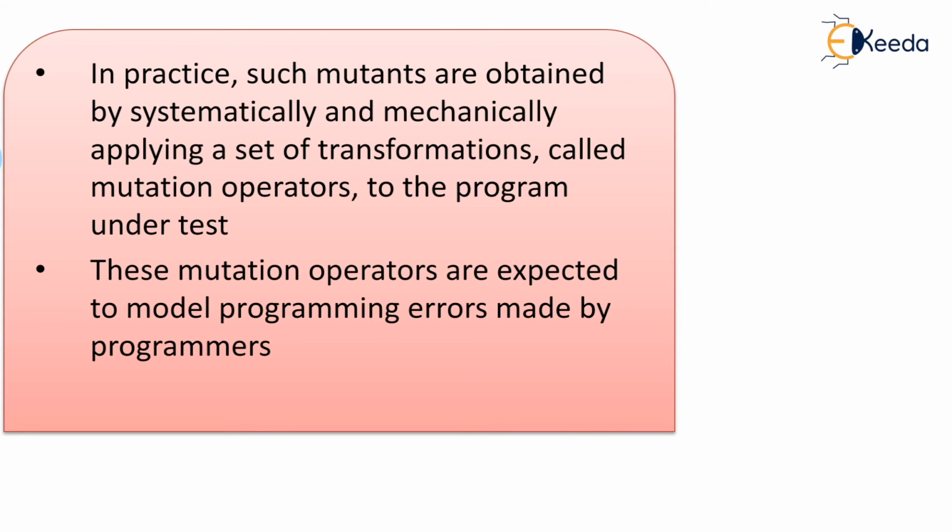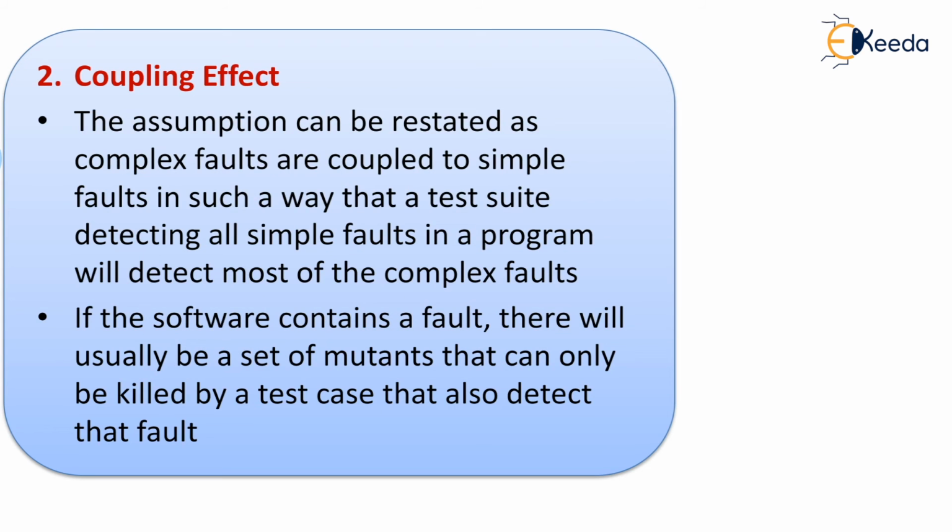This depends on firm to firm, organization to organization, how they do the type of testing. Do they really follow mutation testing, or do they follow their own testing, like hide, mask the keywords and then make the test cases exhaustive and so on. Different strategies are being used nowadays. So these mutation operators are expected to model programming errors made by programmers.